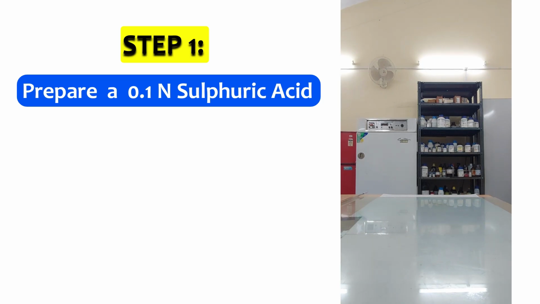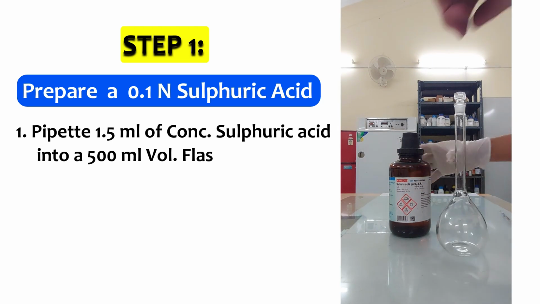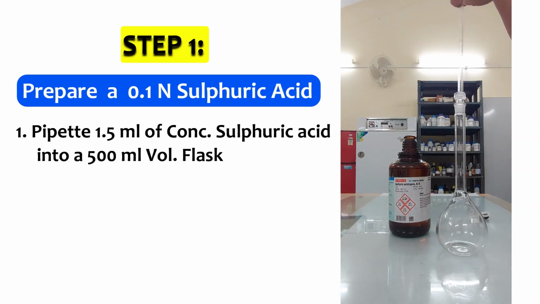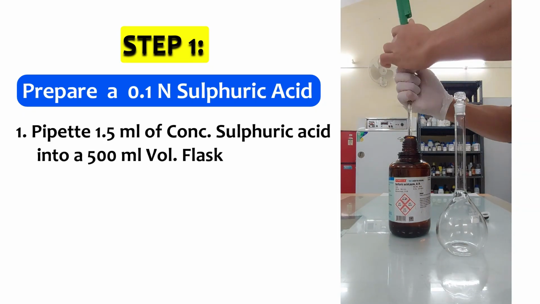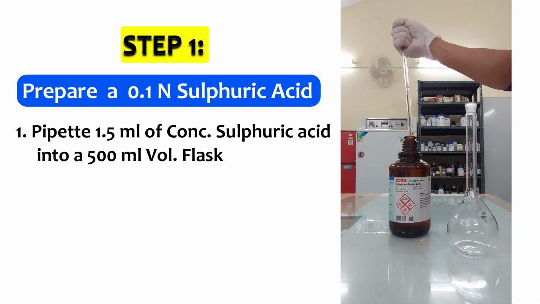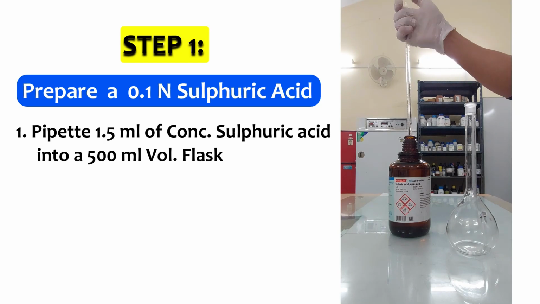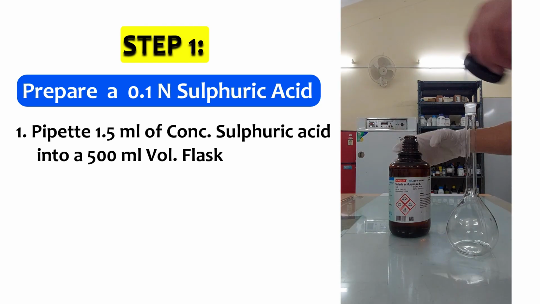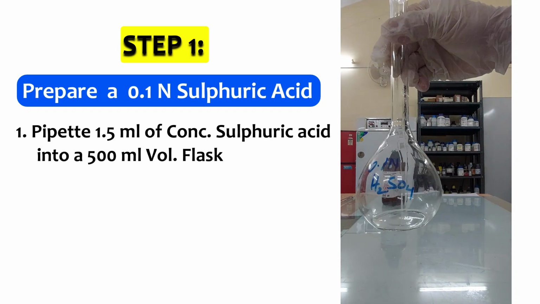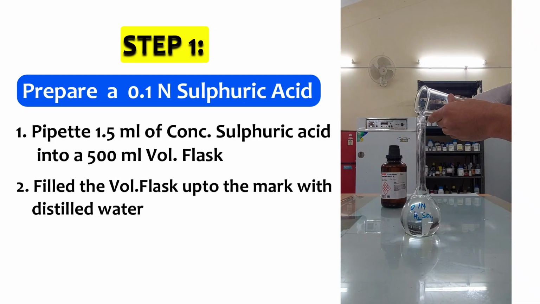And to do so, first pipette 1.5 ml of concentrated sulfuric acid into a 500 ml volumetric flask. And after doing so, fill the volumetric flask up to the mark with distilled water.